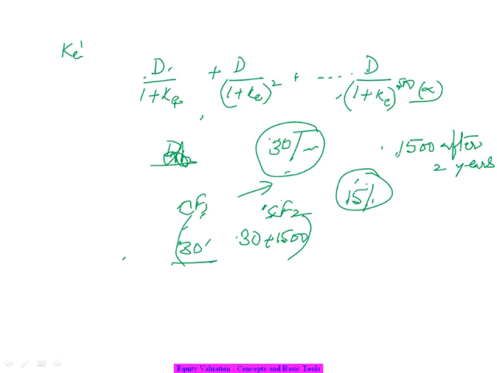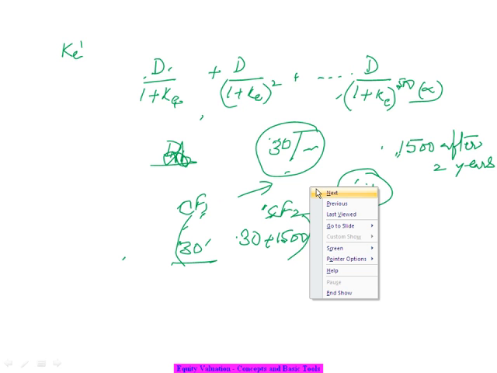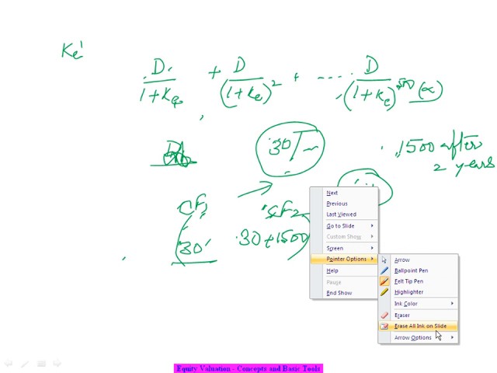This is the typical valuation process. But sometimes it is even seen that you will not sell off the share at the end of 2 years. Just like this example, I will sell off the share after 2 years expecting that the share price will touch 1500 after 2 years.